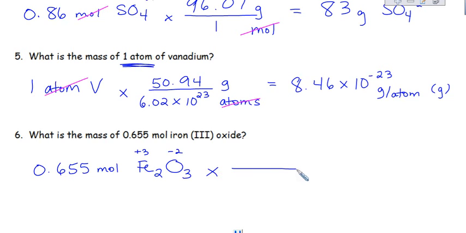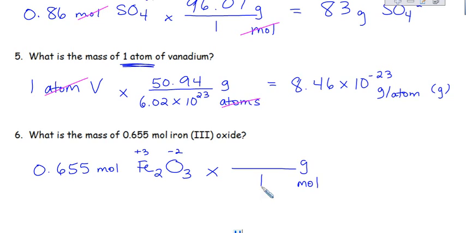I want my proportion to cancel moles and switch it to grams. What mass? The periodic table will tell me the mass of 1 mole, but again, since this one is a compound, I did need the formula, and I will need the molar mass.